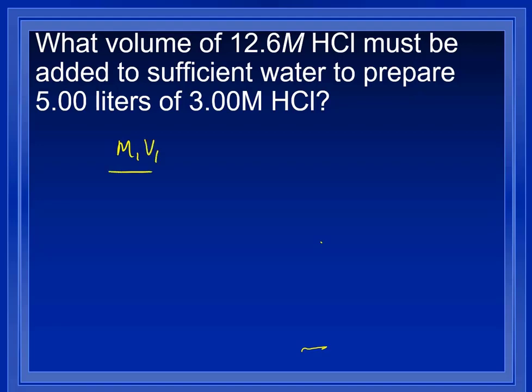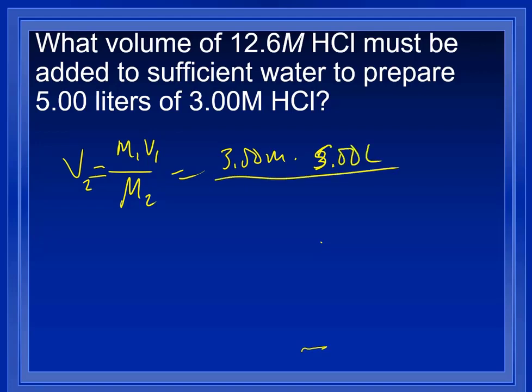M1 V1 over M2 is going to equal V2. So that was 3.00 molar times 5.00 liters divided by 12.6 molar. So 15 divided by 12.6 is 1.19 liters. That's as hard as it gets.